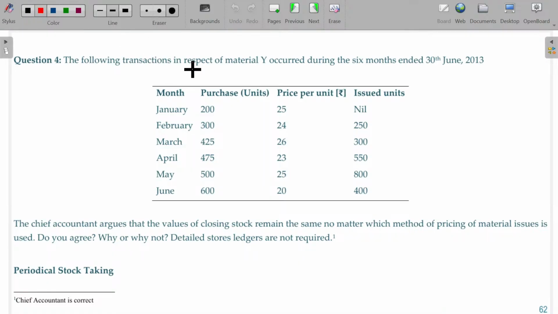The following transactions in respect of material Y occurred during the 6 months ended. The chief accountant argues that the value of closing stock remains the same no matter which method of pricing of material issue is used. See, as we already discussed, if you follow the FIFO method, the closing stock value will be at the latest price.